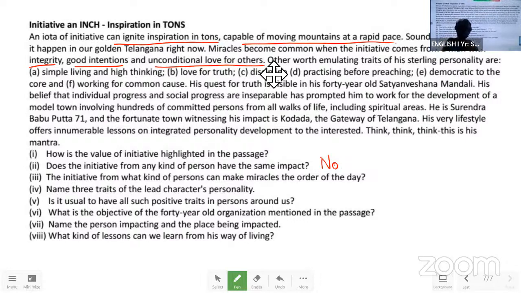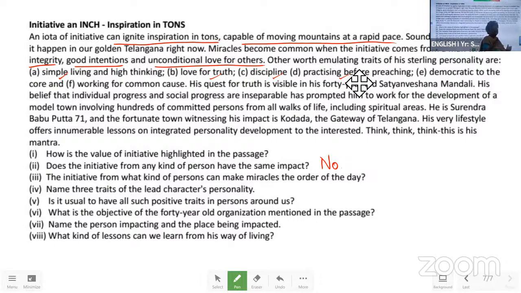Name 3 traits of the lead character's personality. They are 6. Simple living and high thinking, love for truth, discipline, practicing before preaching. Many people preach, do this, do that, be good, be honest and everything, but they don't practice.